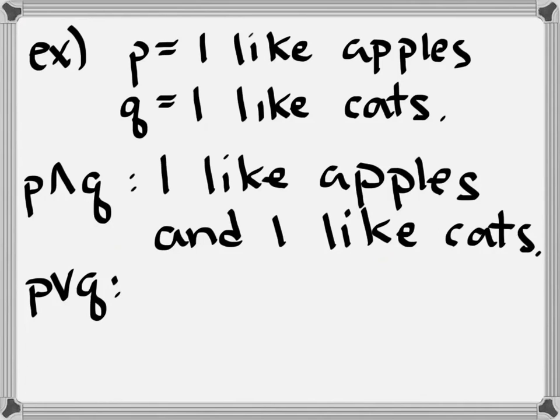Now let's say I wanted to look at the compound statement, if you will, "I like apples" or "I like cats." Again, I use P and Q to represent each of those statements, and I use the "or" symbol, the V, to represent "or."